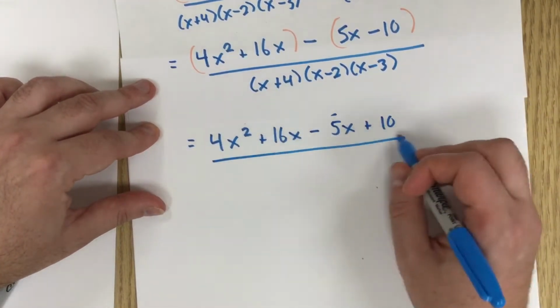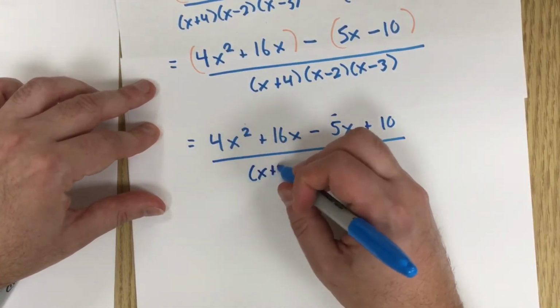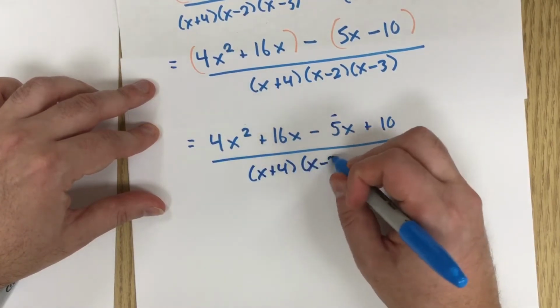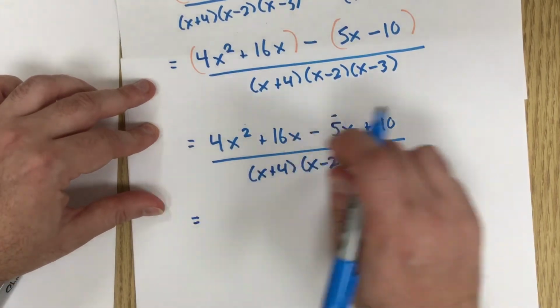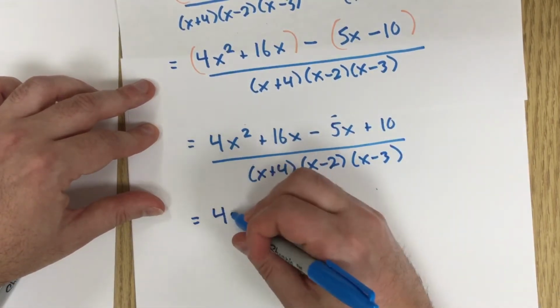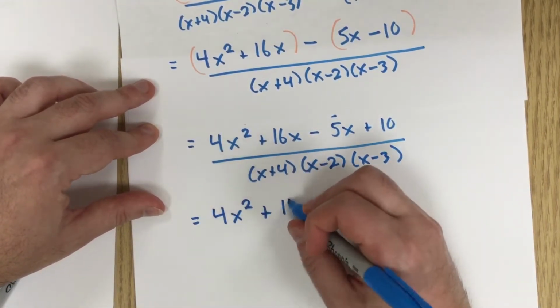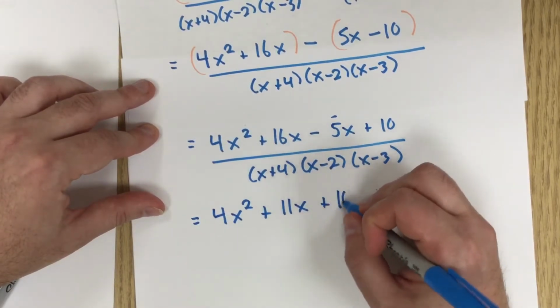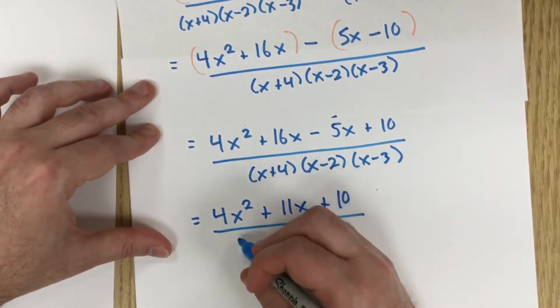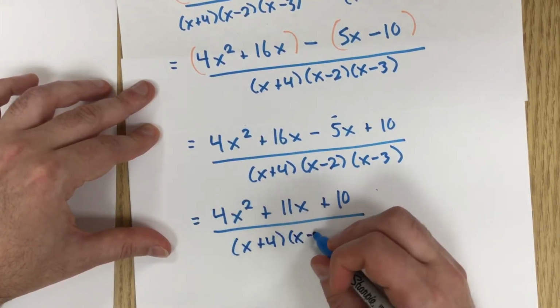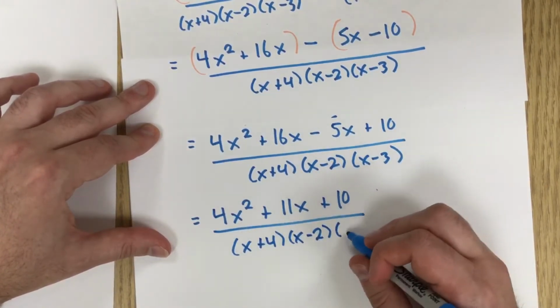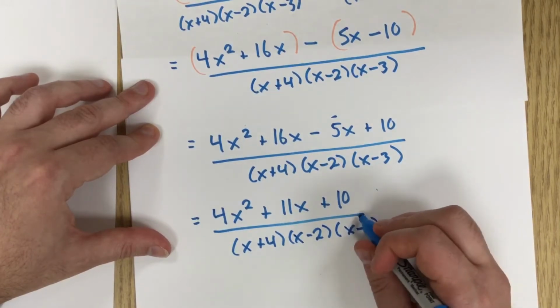Plus 10 over (x plus 4)(x minus 2)(x minus 3), which is equal to, those are like terms, 4x squared plus 11x plus 10 over (x plus 4)(x minus 2)(x minus 3).